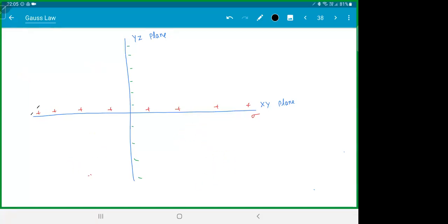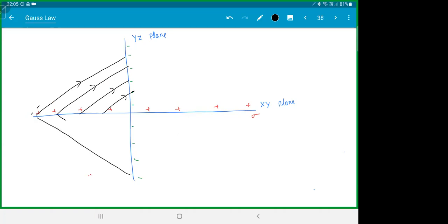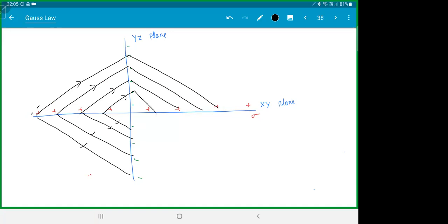The field lines will go from positive to negative, so this is how the field lines will look.